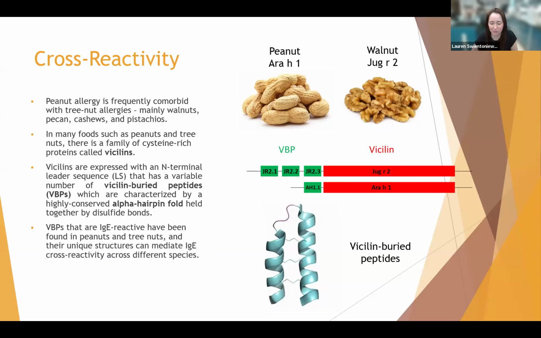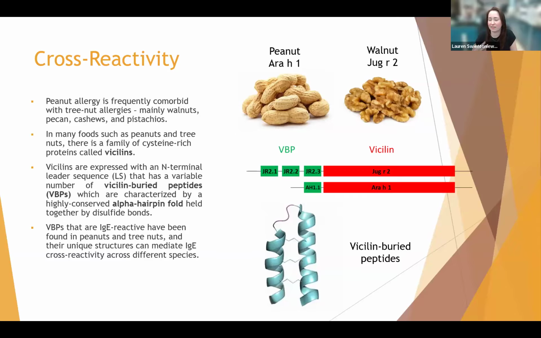Cross-reactivity can be studied using different types of proteins and whether they are in their folded state or they are linear, so looking at the different peptides that are in the protein. In foods like peanuts and tree nuts, there are proteins called vicilins. All you need to know about vicilins is that these peptides within these proteins have a distinct 3D structure.